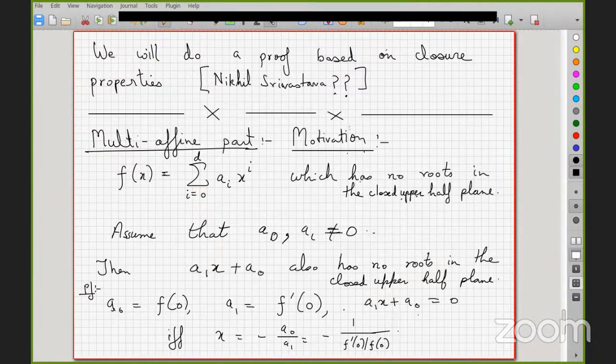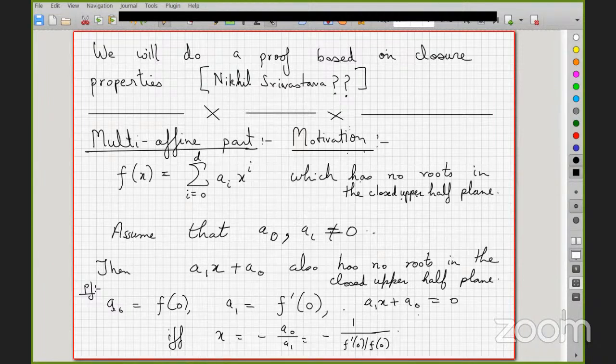I think it will fail. I haven't tried, but I'll be surprised if it works. There might be some properties under which the quadratic part also works, and so that's interesting. But this one just works in general.